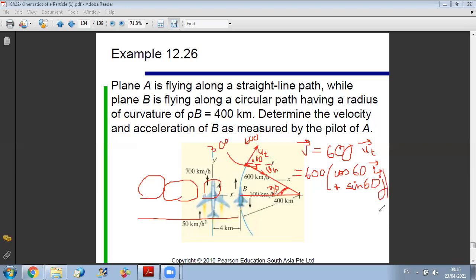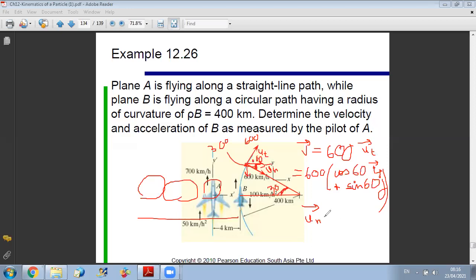Now, I will do the same for acceleration. For AB tangential, it's minus 100 UT, and I replace UT by its expression. While for AB normal, it's VB squared over rho times UN. And UN vector should be decomposed into IJ components. So as you can see here, UN is doing an angle of 30 degrees with I. It has a positive I component, a negative J component.